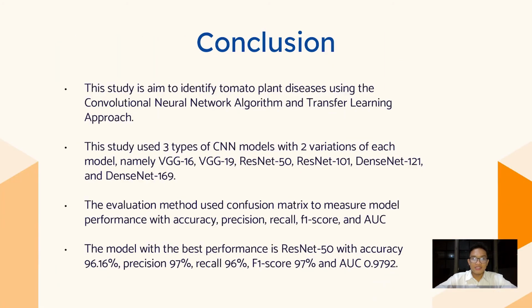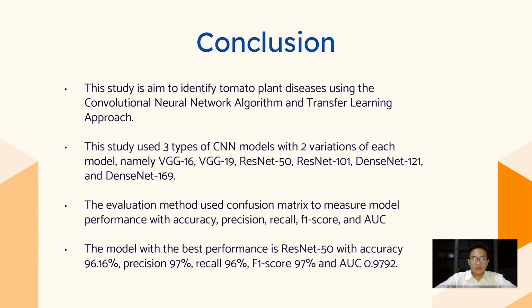The conclusion. The study aimed to identify tomato plant disease using the convolutional neural network algorithm and the transfer learning approach. The study used 3 types of CNN model with 2 variations of each model, namely VGG16, VGG19, ResNet 50, ResNet 101, DenseNet 121, and DenseNet 169.